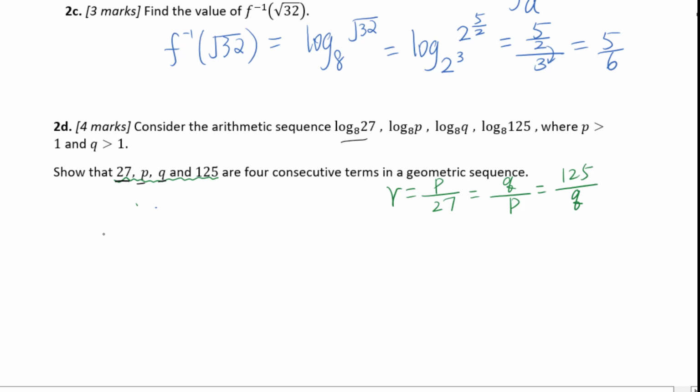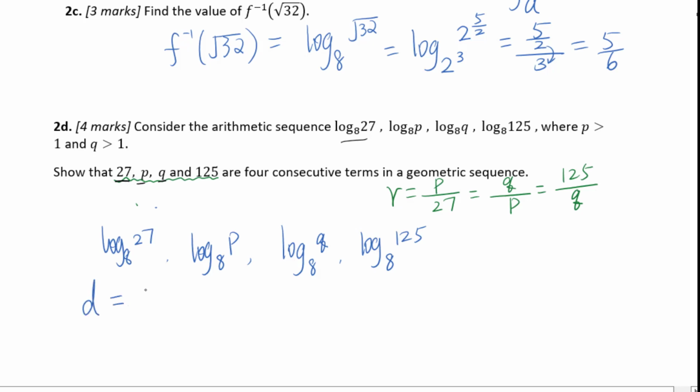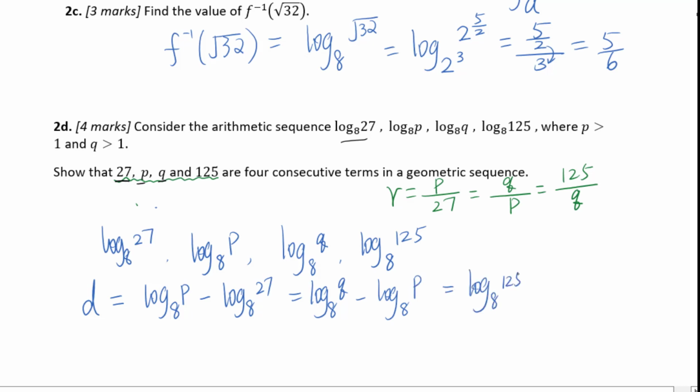From the given information, we know log base 8 of 27, log base 8 of p, log base 8 of q, log base 8 of 125 are an arithmetic sequence, which means the common difference equals log base 8 of p minus log base 8 of 27 equals log base 8 of q minus log base 8 of p equals log base 8 of 125 minus log base 8 of q.